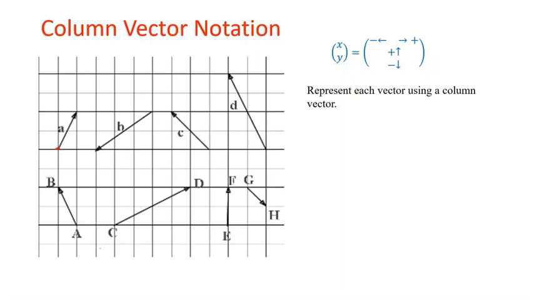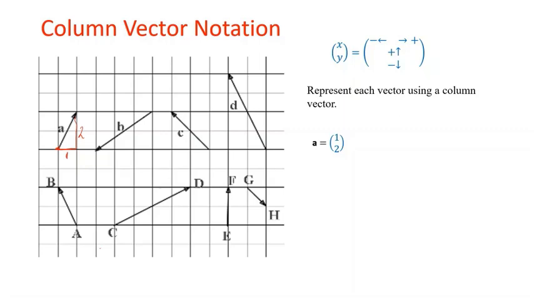We'll make one movement there, and that is to the right, so that would be 1. And then to get to the head, we would move 2 units up, so that would be a positive 2. So our column vector for vector A would be 1, 2.